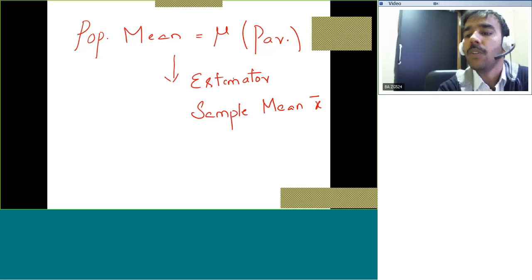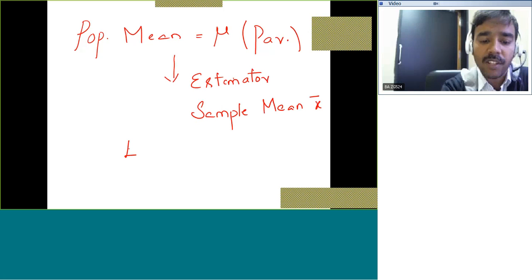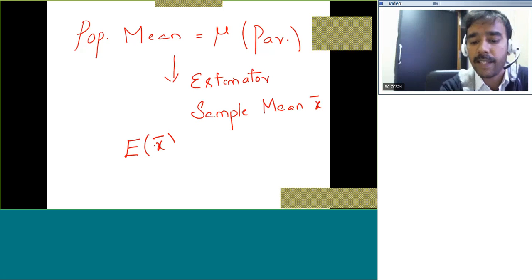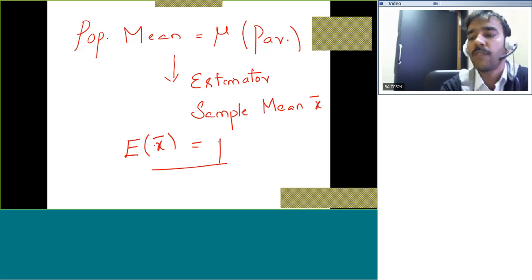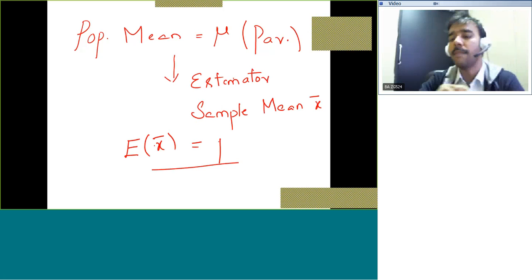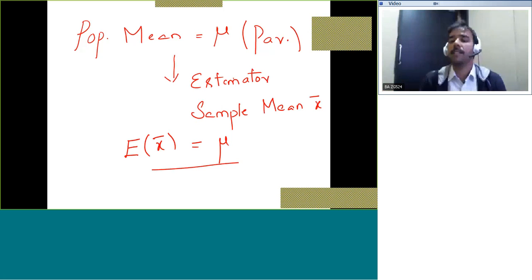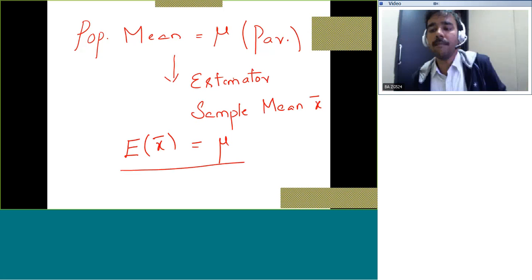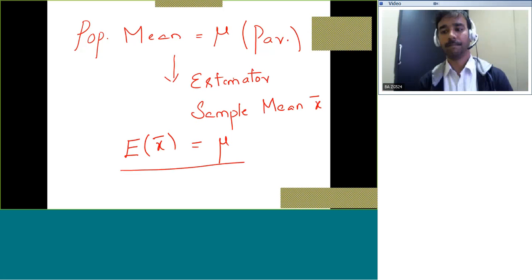Just now we proved that the expectation of the sample mean is mu. This we have already proved, which means X bar becomes an unbiased estimator of mu. Similarly, the sample median also becomes an unbiased estimator of mu. So, any queries about this? Yeah, thanks for this.